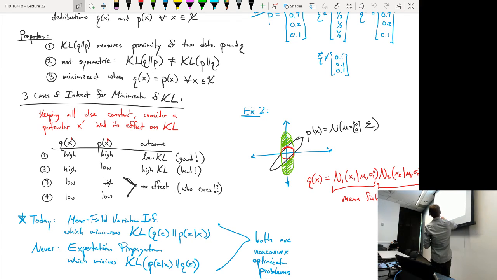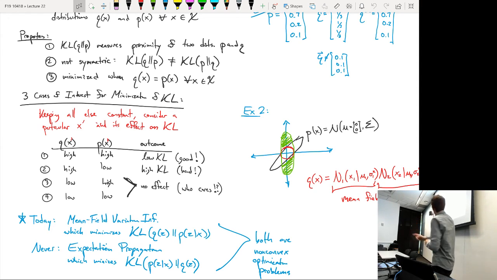And then for Q of x, we can get any ellipsoid so long as it's not diagonal. So you can have a circle, you could stretch it vertically, you could stretch it horizontally, you just can't stretch it diagonally. And the question is, which Q of x would you choose? And here, the answer is going to be one that sits right over top of the black ellipsoid.